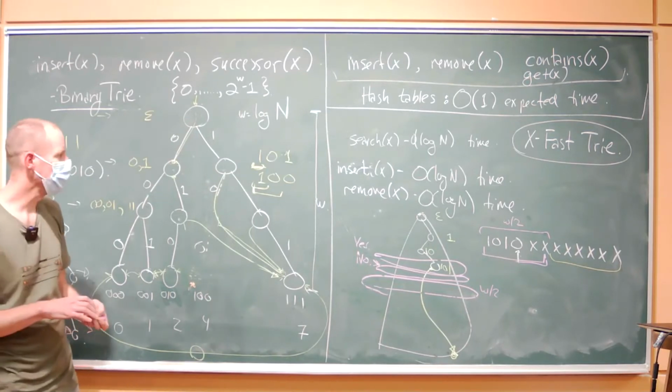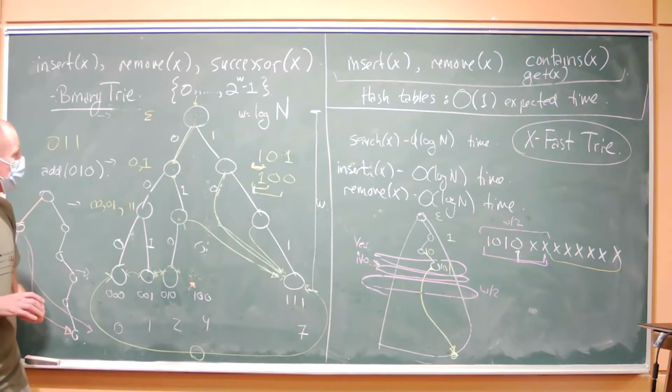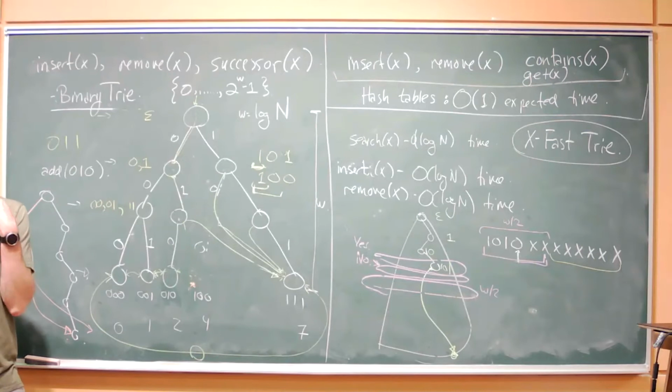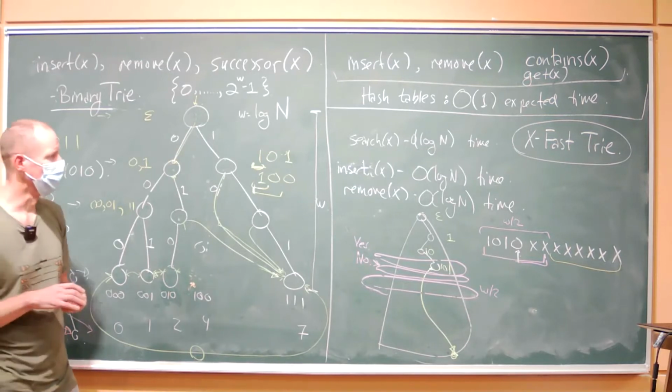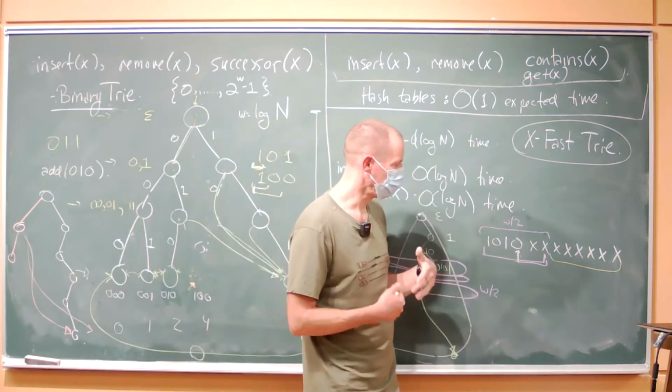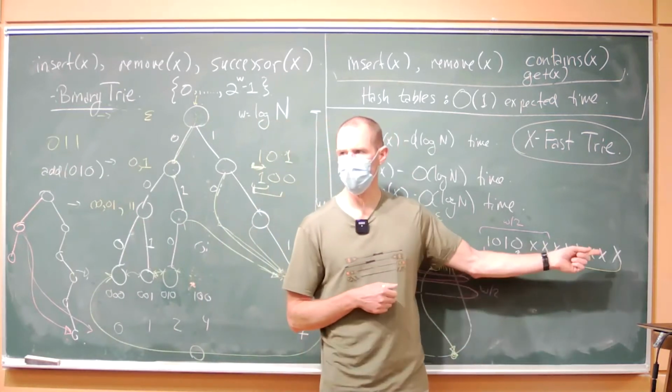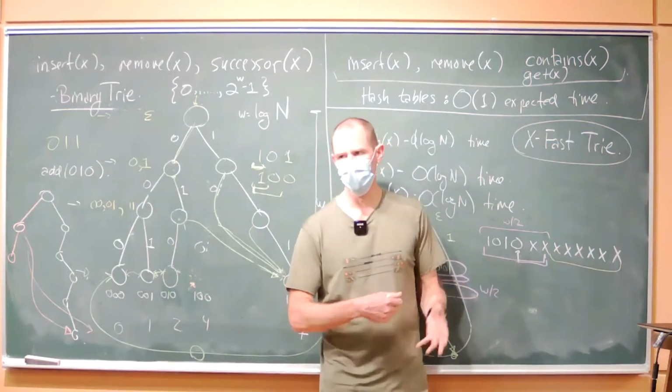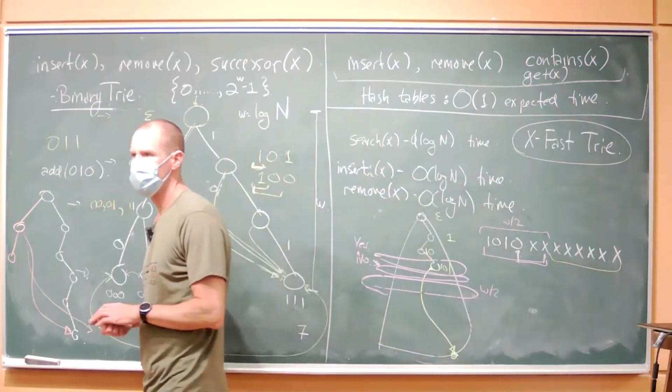Oh yeah, that's easy, because we've already been doing math with our indices. The string we want to search for, you can think of it as dividing by 2 to the W over 2, or right shifting by W over 2.